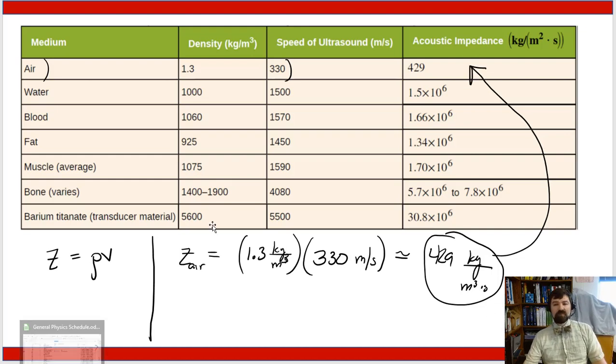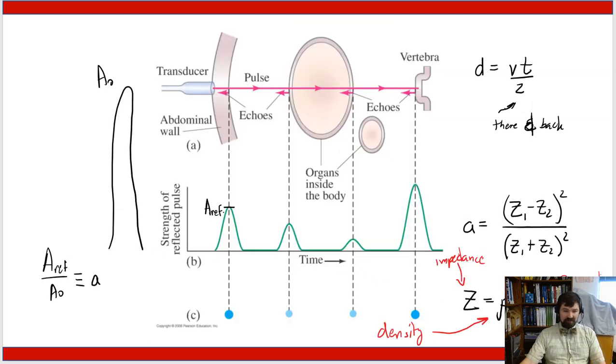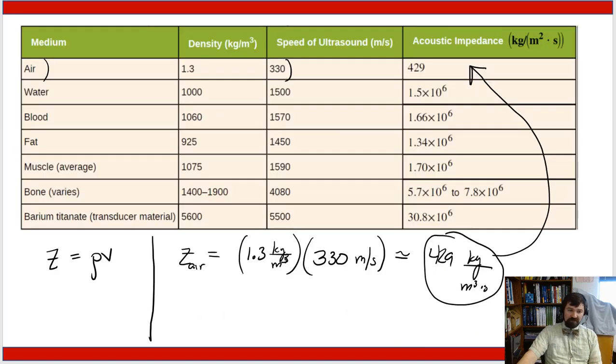So if we know what the impedance is for a given material, then we should be able to figure out, for two materials maybe I should say, what the relative amplitude of reflection is from the interface between those two materials. So coming down here, let's say that you have a layer between fat and muscle.